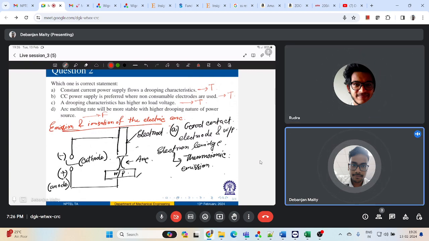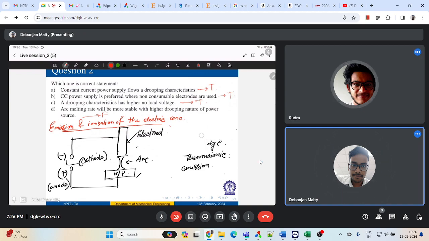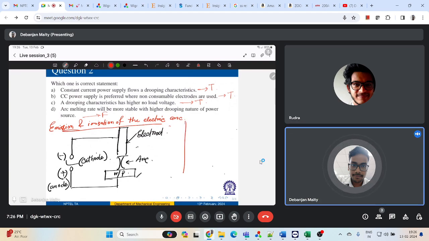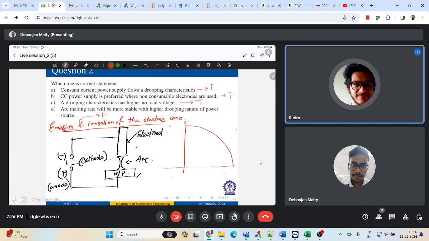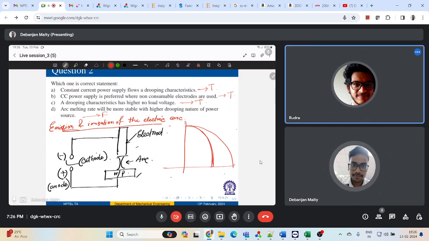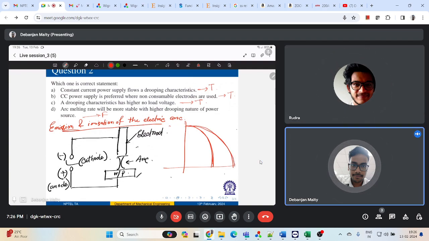So what I mean is, let me write this. Let's say you have some kind of drooping characteristics like this. So I say that arc melting rate will be more stable with higher drooping nature of power source. Is it true for this power source? No, for this power source it will be more stable.